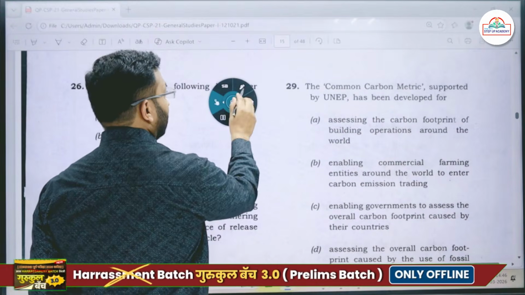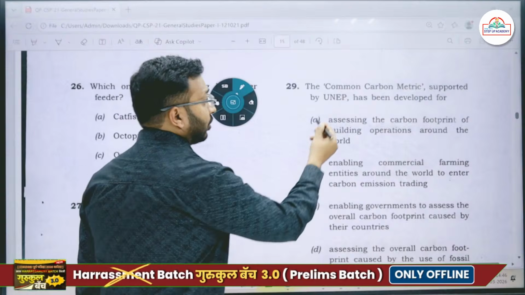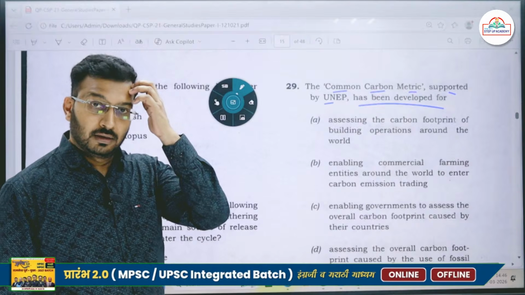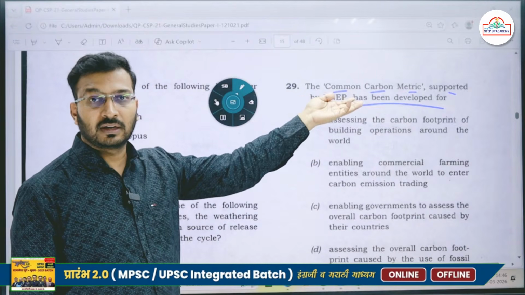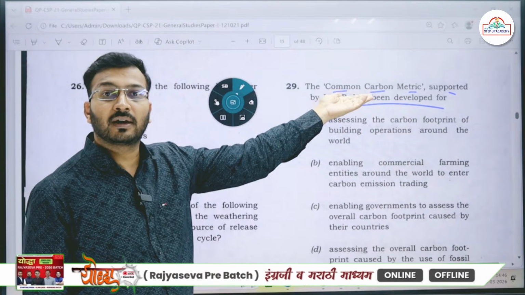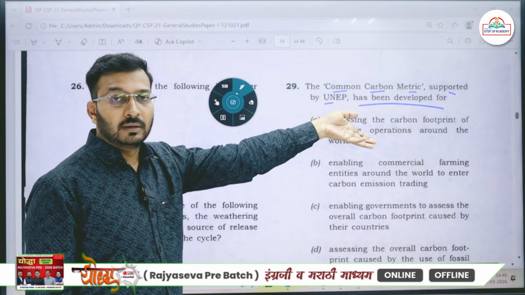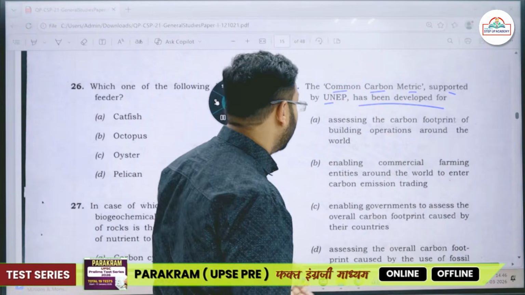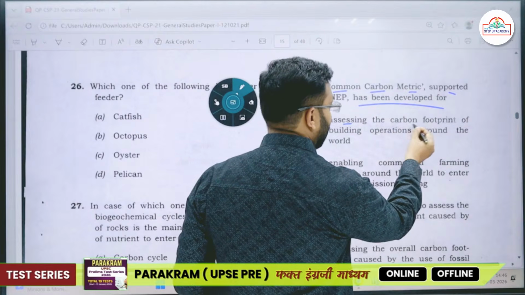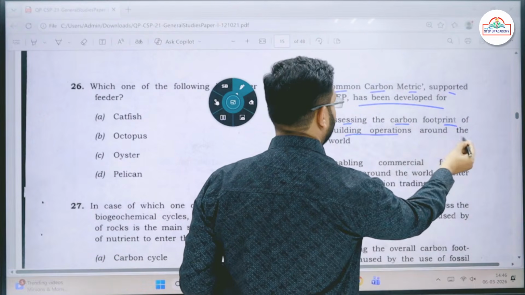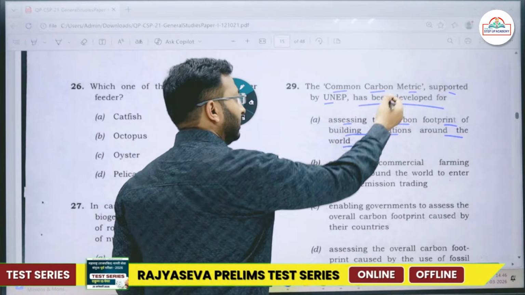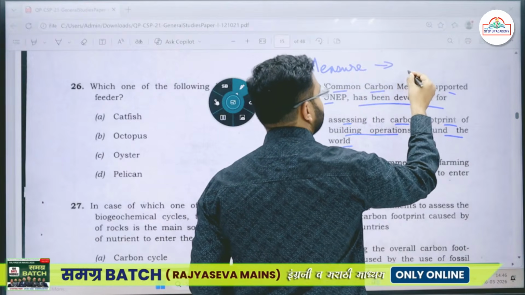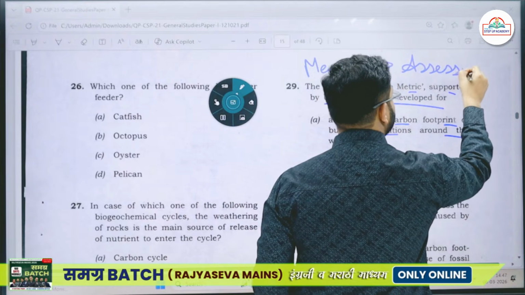Next, again an environment based question. The common carbon metric supported by UNEP has been developed by... Brother, I have seen all the things in the world, where did this come from? Common carbon metric. Metric means something we are measuring, basically carbon. Let's see how we can measure. Metric means measurement, and for measurement you should be assessing the things.